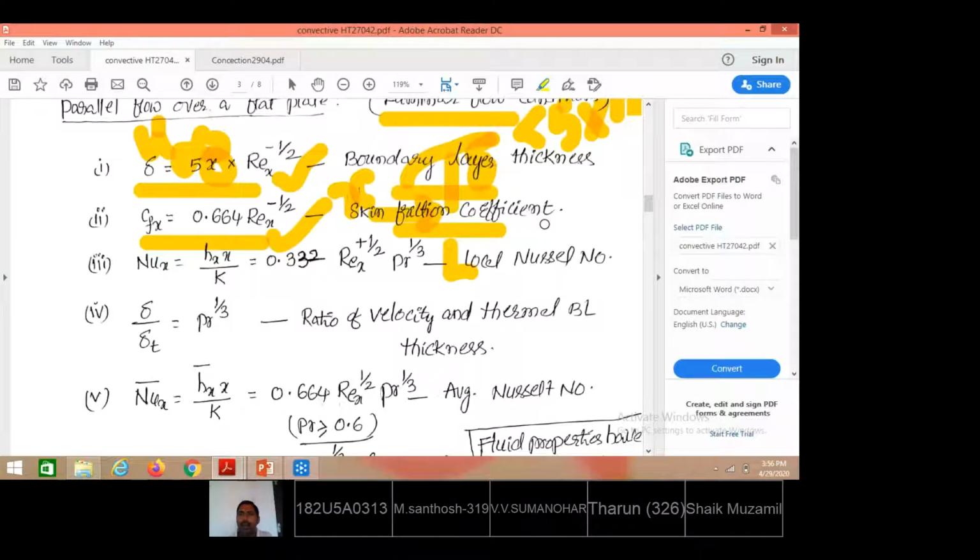That is also called the skin friction coefficient or drag coefficient. This also is available in the data book. You need not remember. To estimate these quantities, what relations are to be used, where they are available: all these relations are available in the data book. You need not remember even a single relation. So that is presented here.